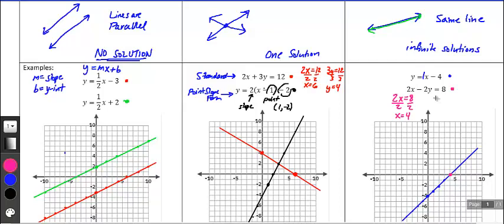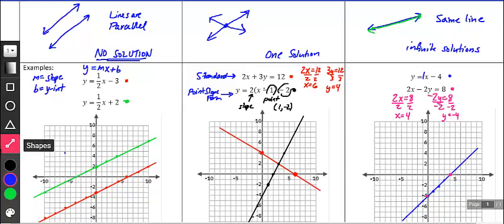And then we're going to plug in 0 for x, so -2y equals 8 is still there. We divide that by -2, and we get y equals -4. And look at that. We get the exact same intercepts, right? So we have the same line there.